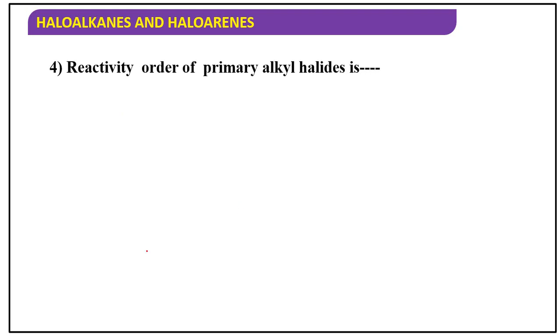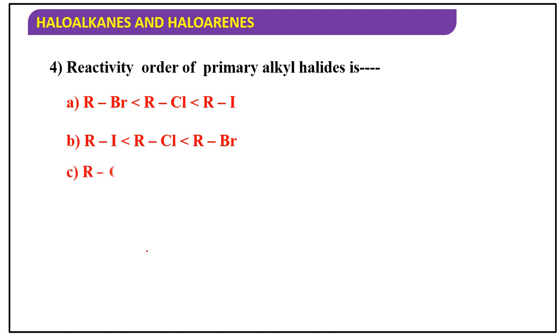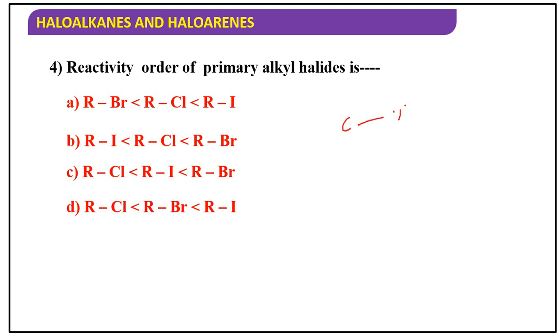Reactivity order of primary alkyl halide is... Primary alkyl halide means, as you already know, the halogen-attached carbon is connected with one more carbon or a single carbon. So see here, we already discussed, the C-I bond length is more, so it can break easily.